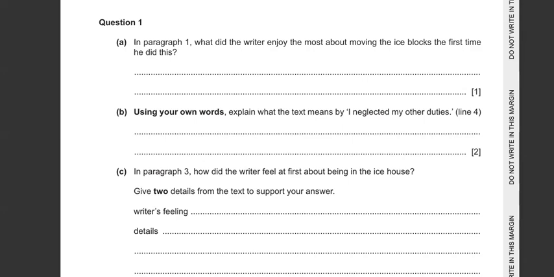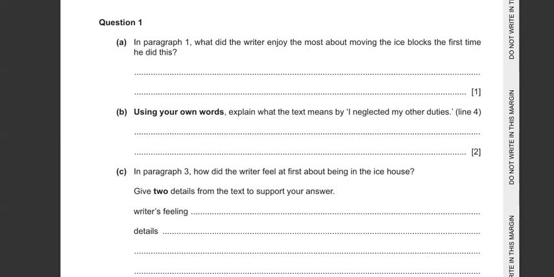So what I usually recommend to my candidates is that even for the explicit questions, it is better to show your understanding by using your own words. Yes, there are a few particular things that you cannot change or rephrase, like the name of the place, person, or thing, which you have to use exactly the same.